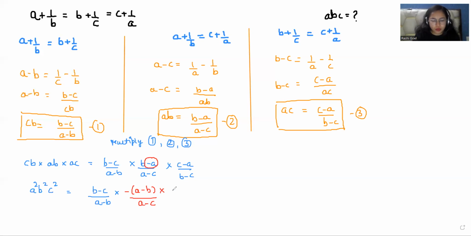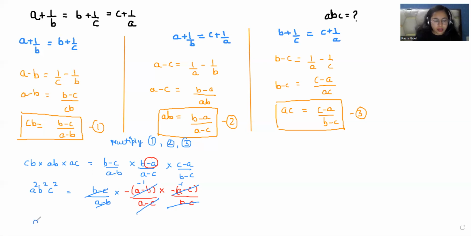Similarly, if I take minus common from this also, a minus c over b minus c. Now I can see b minus c here, and I eliminated a minus c from a minus c, and a minus b from a minus b. So here I get minus 1, I multiply minus 1 in the numerator.